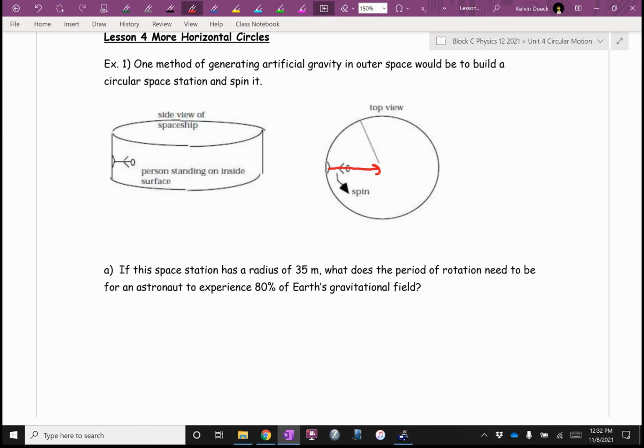Normal force. Is that a surface pushing up through the... Yeah, turns out that. In fact, for a rotating or spinning space station, it seems to me normal force is what's pushing us in a circle.